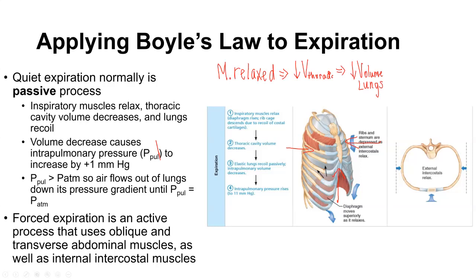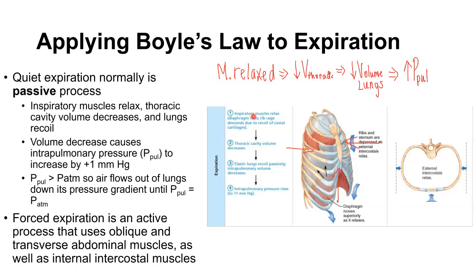And because the lung volume has now decreased, that leads to an increased pressure in the lungs. Specifically, this is going to increase lung pressure to about positive 11 millimeters of mercury, so 11 above atmospheric pressure.